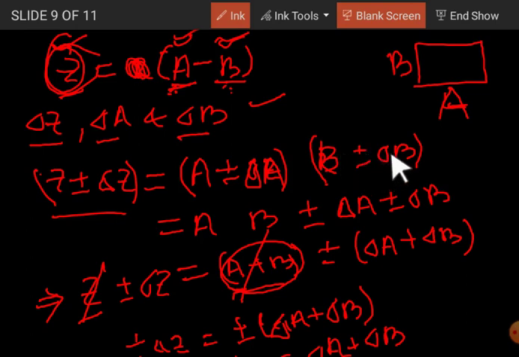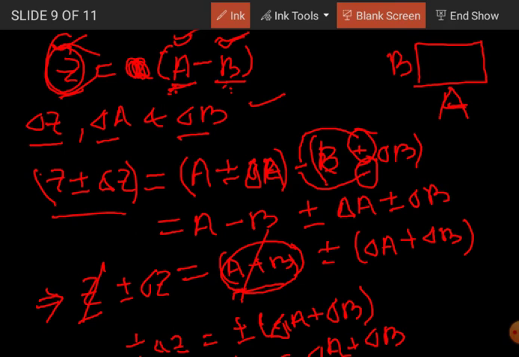So if you try to express their measured value, then z plus minus delta z will be equal to a plus minus delta a minus of b plus minus delta b, right? So if you open this, then it will be minus b. So you bring this minus b near to a and it will be written as a minus b. From there you take plus minus common, and if you just open this bracket, then it will be minus plus. First you need to multiply it with this plus, next you need to multiply it with this minus again.